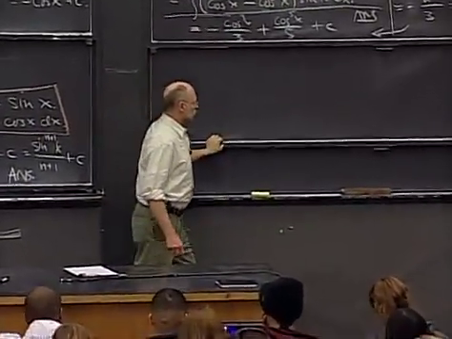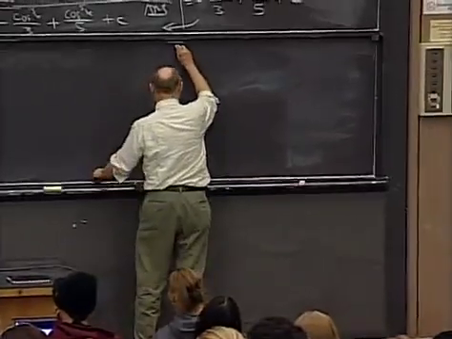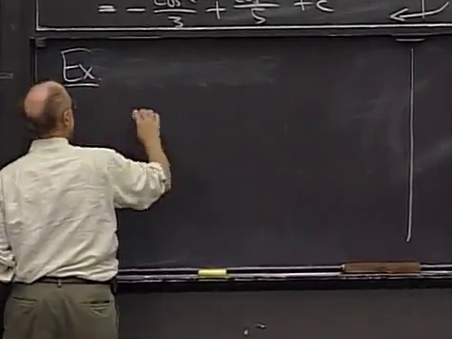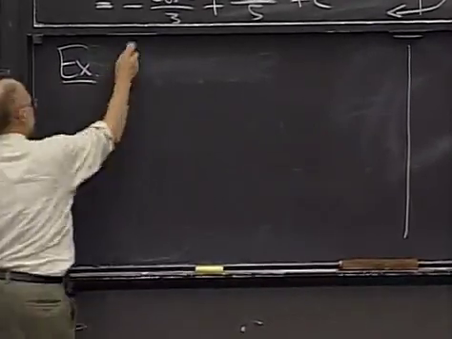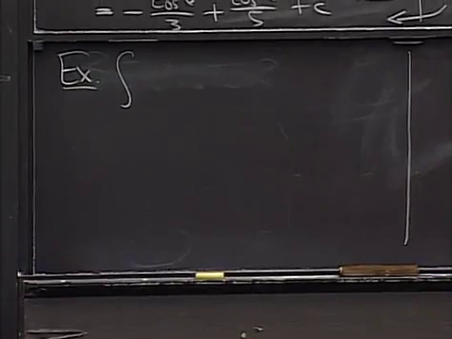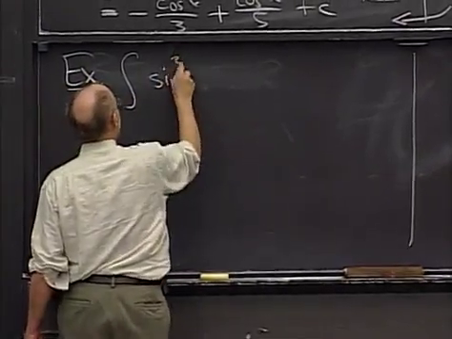Let's do one more example just to handle a case, an example of this easy case, which you might not have thought of at first. Suppose I just want to integrate sine cubed of x.